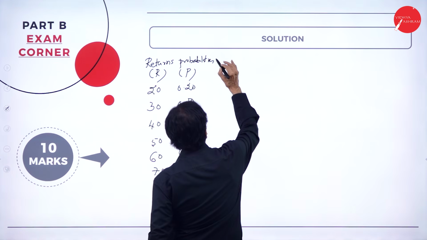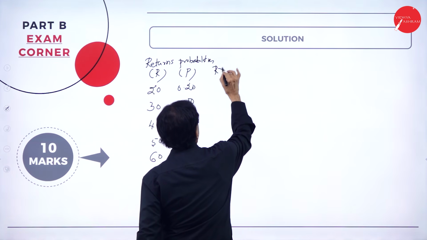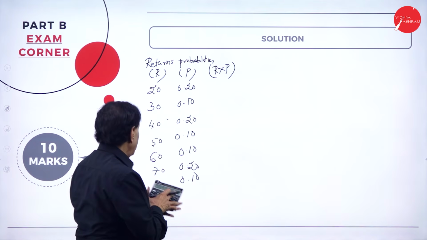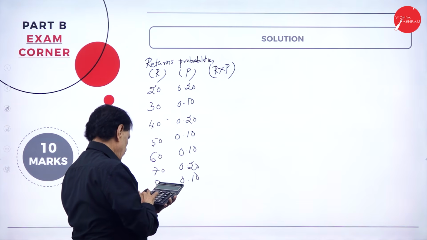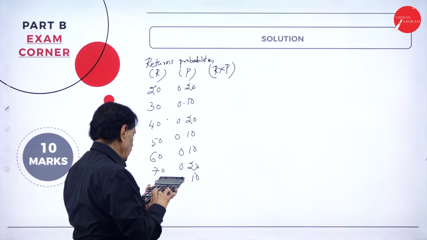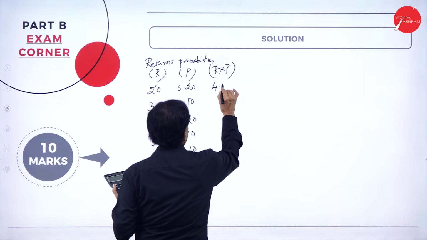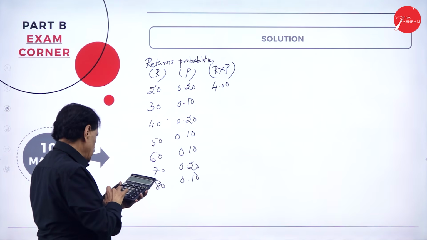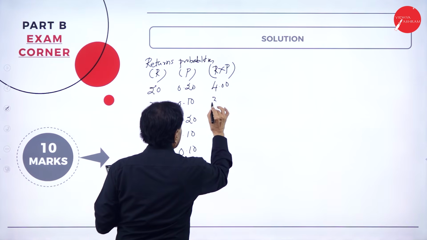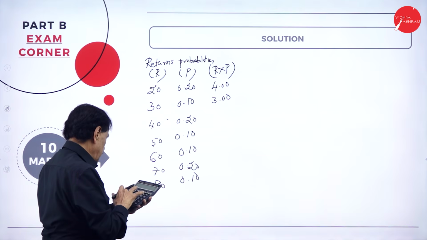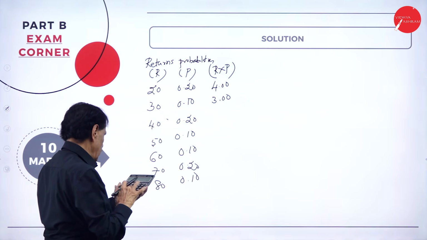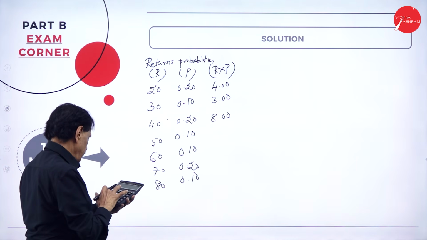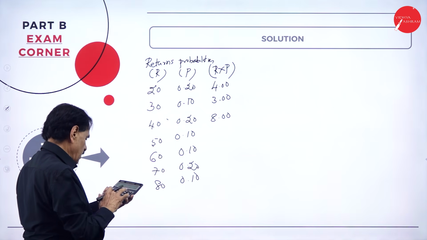Next step, R into P, returns into probability, one by one. 20 into 0.20, 4. 30 into 0.10, 3. 40 into 0.20, 8. 50 into 0.10, 5.